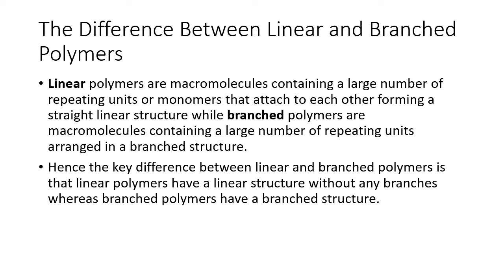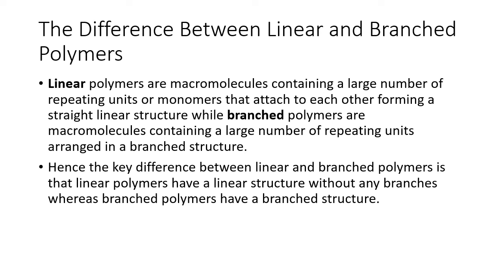So in this slide we come to know about the difference between the linear and the branched polymer. What is the difference between the linear and the branched polymers? Linear polymers are macromolecules containing a large number of repeating units or monomers that attach to each other, forming a straight linear structure, while branched polymers are macromolecules containing a large number of repeating units arranged in a branch structure.